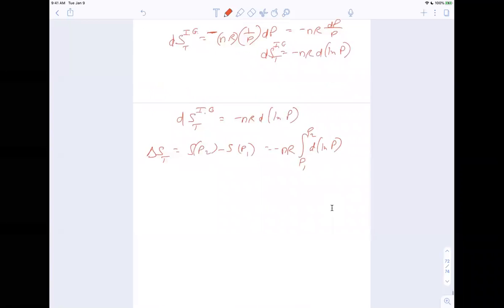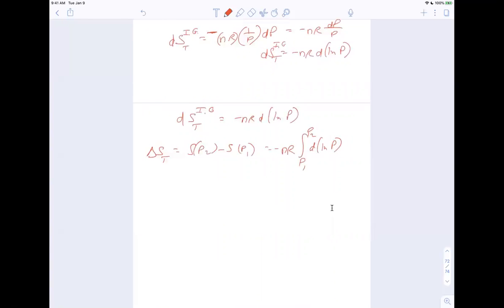So this is S at P2 minus S at P1, which is minus nR times the integral from P1 to P2 of d log P, okay? And this delta S at constant T, which is S at P2 minus S at P1, I'm rushing and that's not good, is going to be minus nR times natural log of P2 minus natural log of P1.